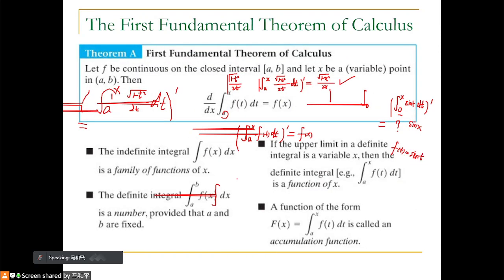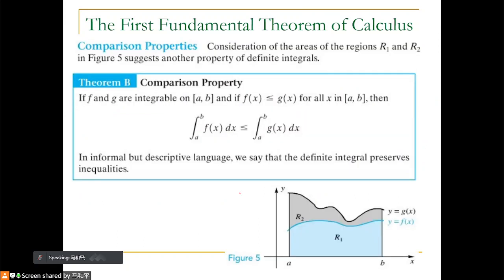And now I hope you understand the first fundamental theorem of calculus. And comparison properties. I remember how to do this theorem B by geometry. f and g are integrable on [a, b], and f(x) is less than or equal to g(x) for all x in [a, b]. Then the definite integral of f(x) from a to b is less than or equal to the definite integral of g(x) from a to b.